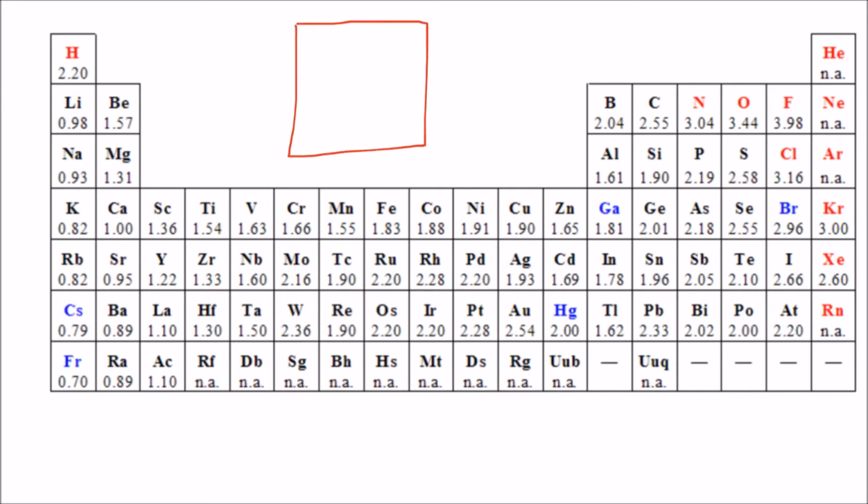On your periodic table, you've got a box that has the atomic symbol in it, and then there's a bunch of numbers on both sides of your atomic symbol. The number that we care about, the electronegativity, is the top number in the right-hand corner. That's the one that you're going to be using. So that's how you locate that.